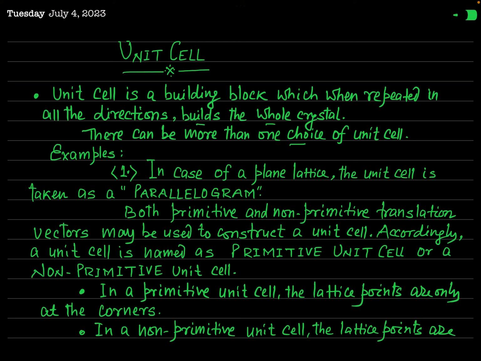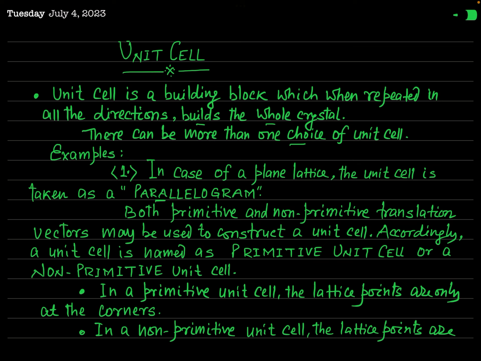For example, if you are talking about a plane lattice, that is the two-dimensional lattice, then the most convenient way of selecting a unit cell is a parallelogram. It means for a plane lattice, it will be more convenient to select the unit cell in the form of a parallelogram.